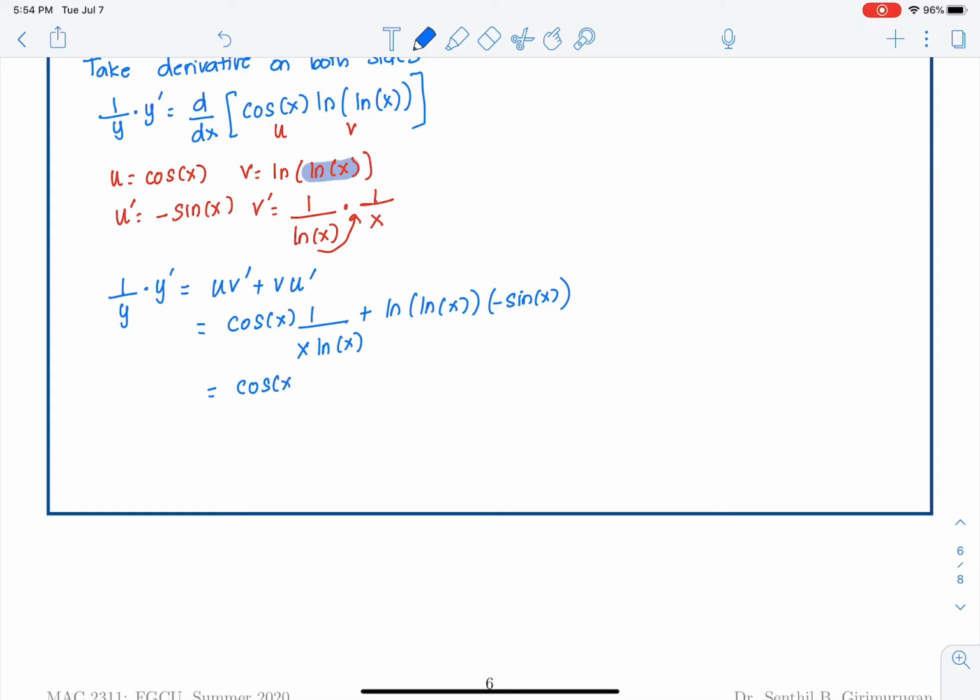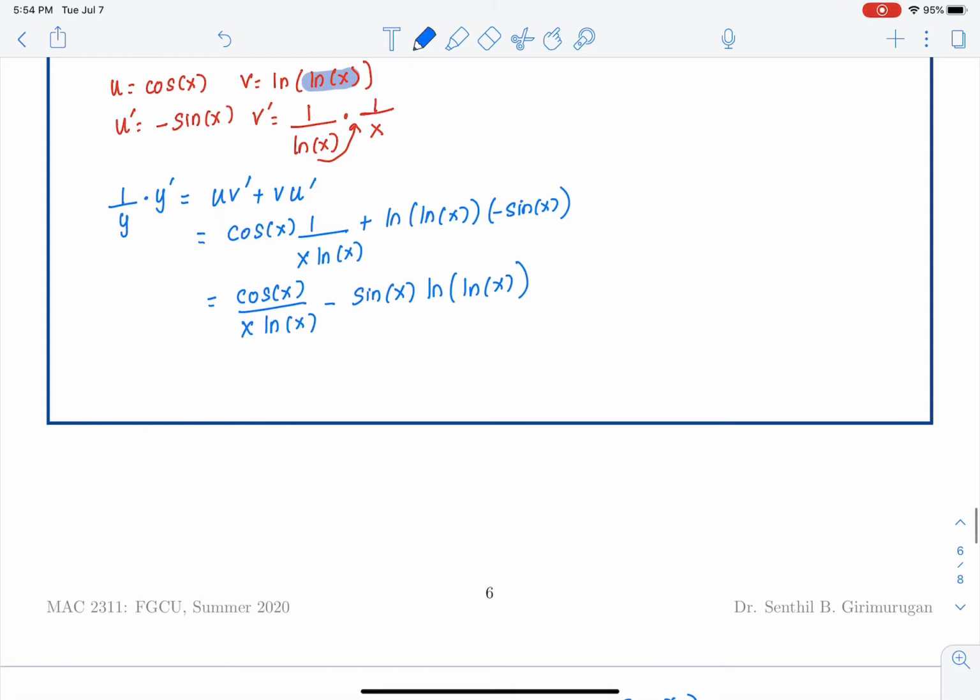So we have cosine of x divided by x ln of x minus sine x ln of x. And that would equal y prime over y. So y prime would simply be equal to y times cosine of x divided by x ln of x minus sine x times ln of x.